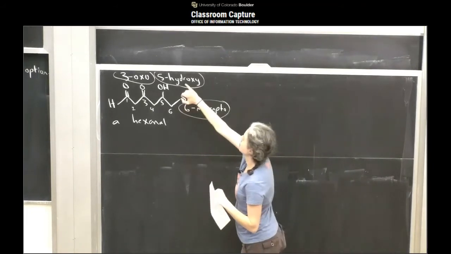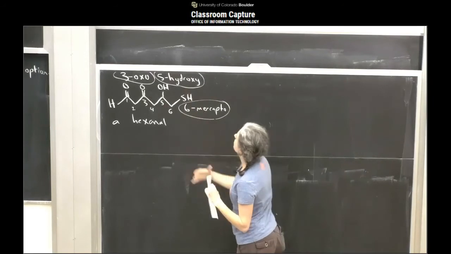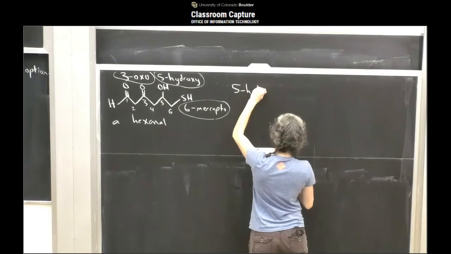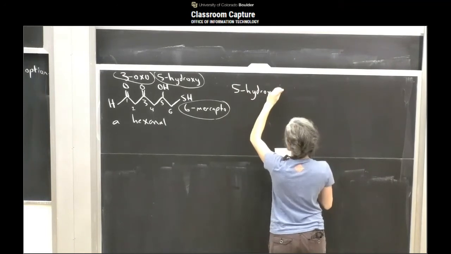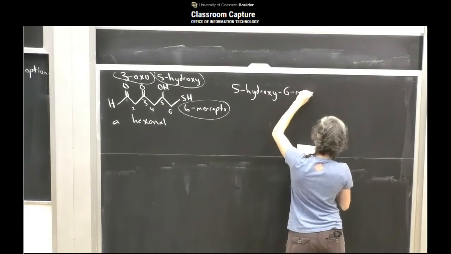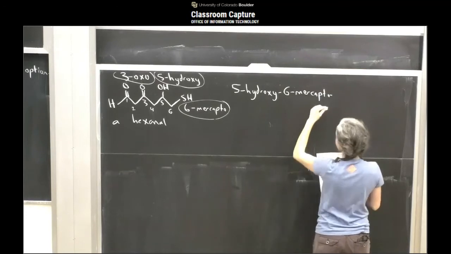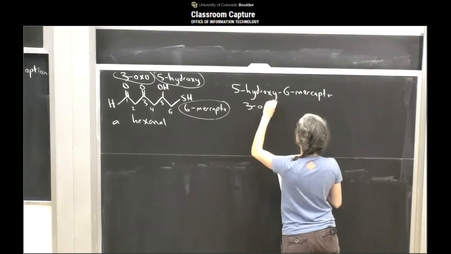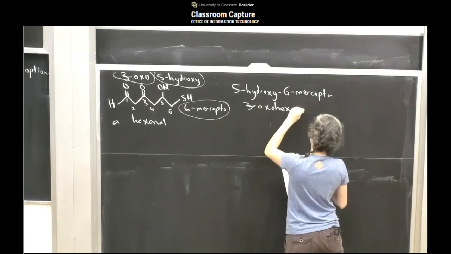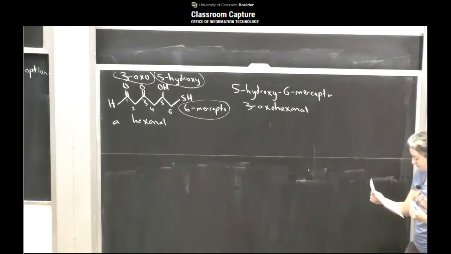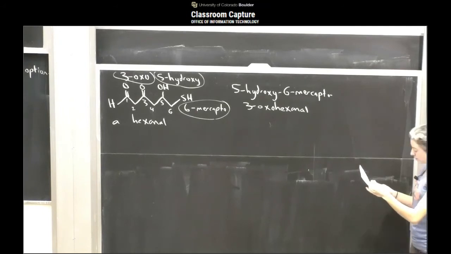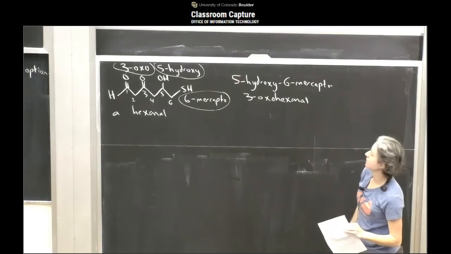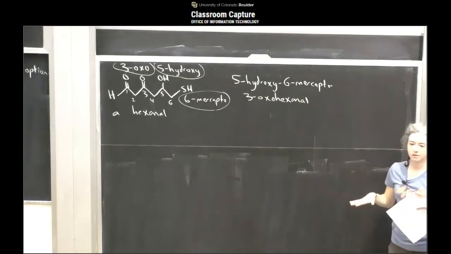So alphabetizing H, then M, then O. This would be 5-hydroxy, 6-mercapto, 3-oxo hexanal. Okay. So this is all IUPAC naming so far. Any questions about these ones?